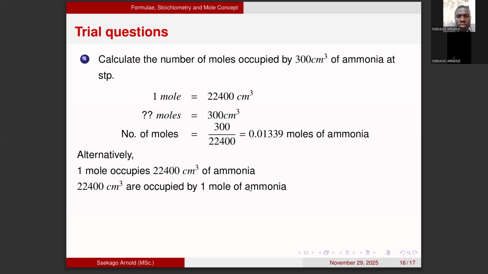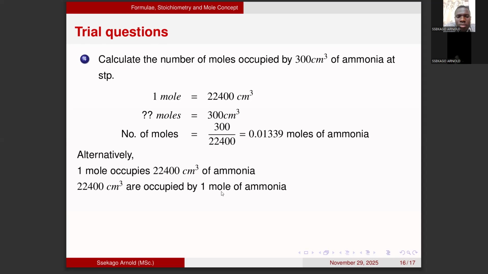What I want to find is on the right-hand side. What is given is on the left-hand side. Always ensure that what you want to determine is on the right-hand side, then what you are given is on the left-hand side.